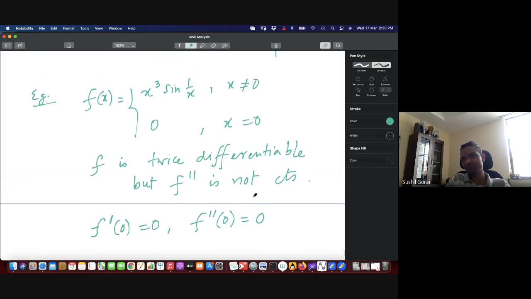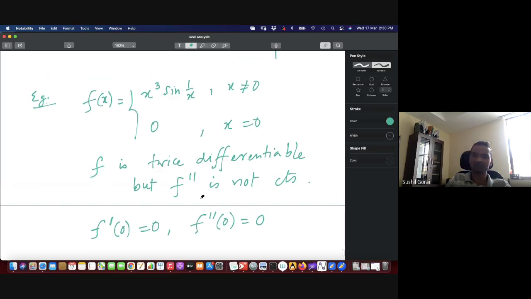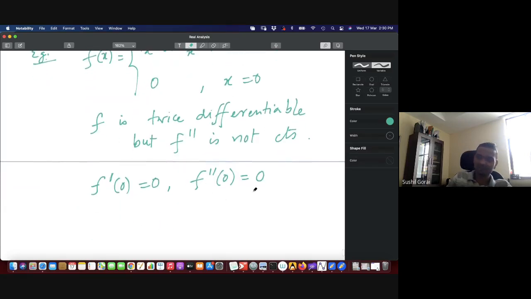So in this case, both will be 0. So what kind of example do you want? It does not give the behavior. Here in this case, this will be 0.